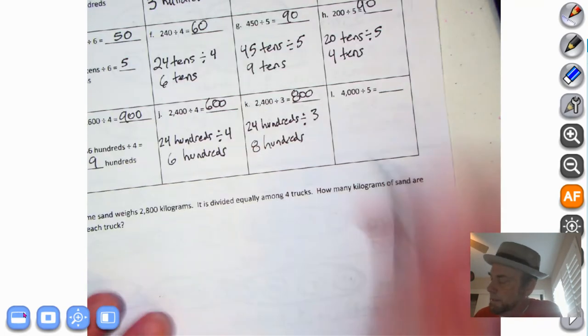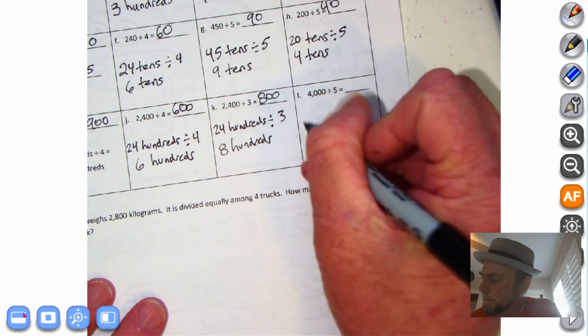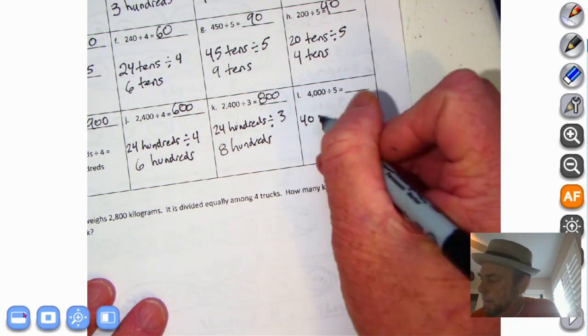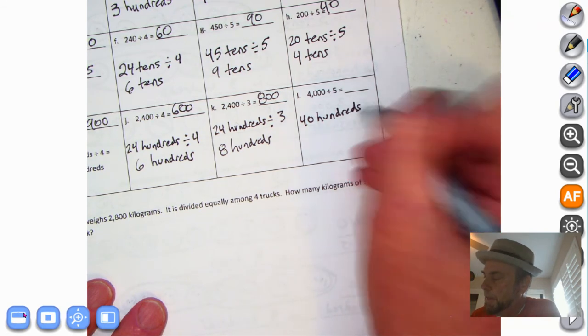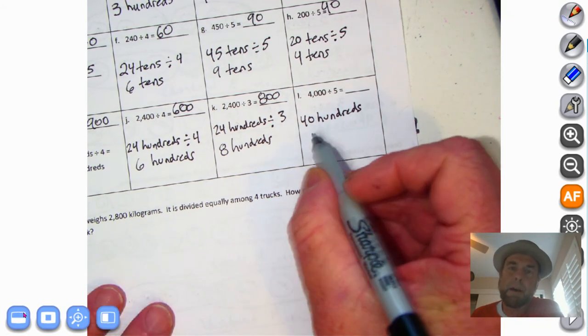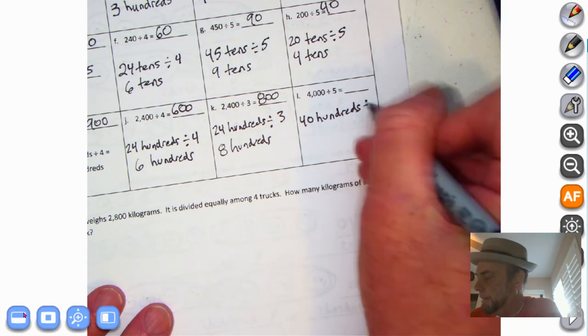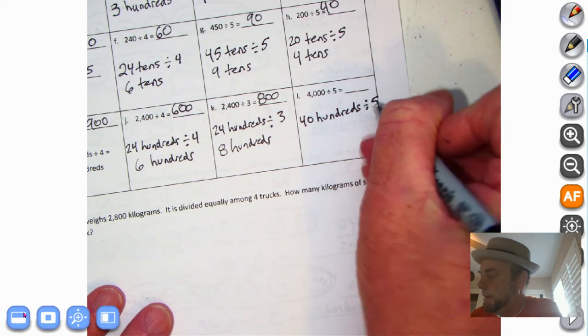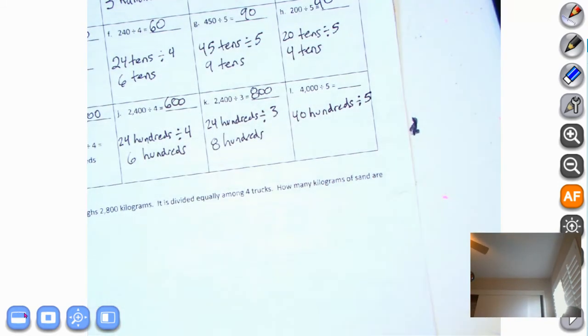All right. Let's take a look at this one. It's 40 hundredths, right? Because we couldn't put 4 thousandths divided by 5, because 4 cannot be divided by 5, but 40 certainly can. And what number do we turn to for that?